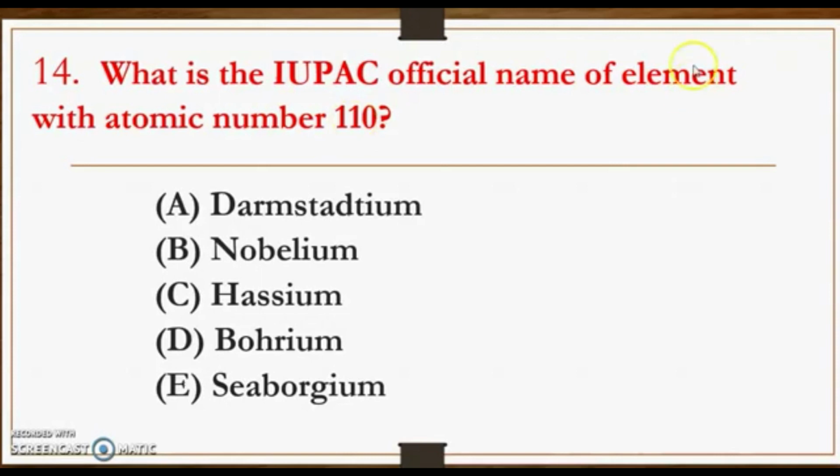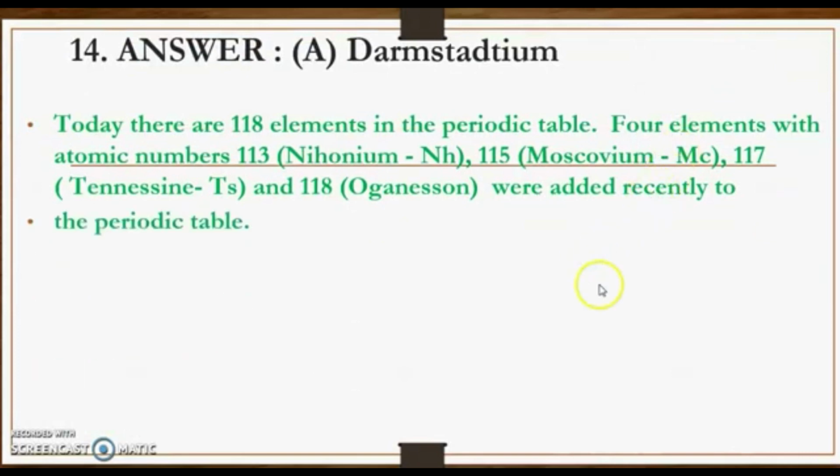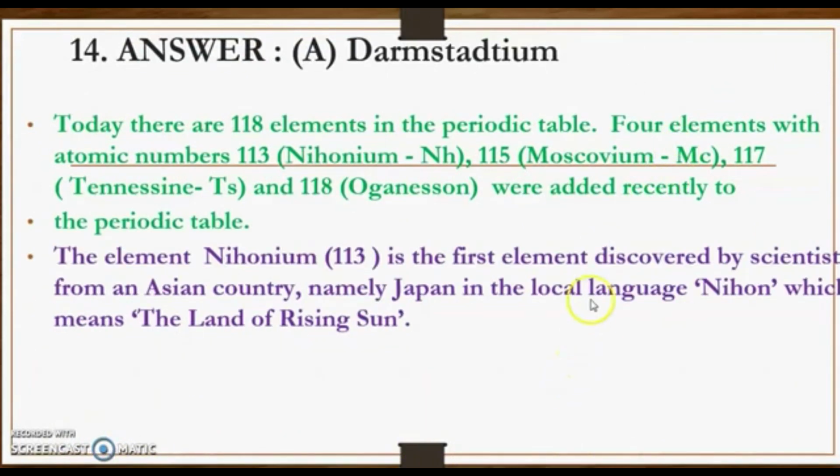I will give you the details regarding that because I think a question will come from that part also. So today there are 118 elements in the periodic table. 4 elements with atomic numbers 113, 115, 117, and 118 were added recently to the periodic table in the year 2019.